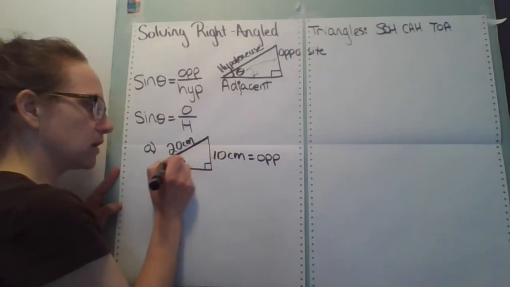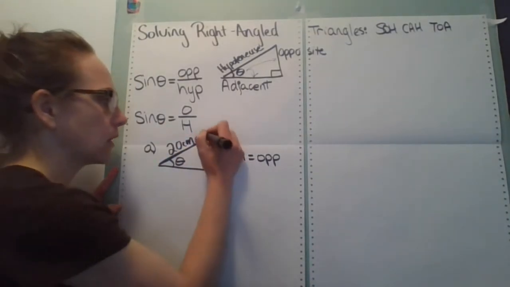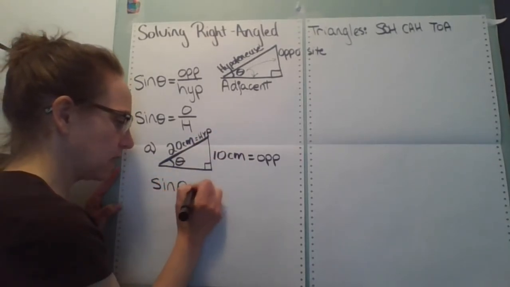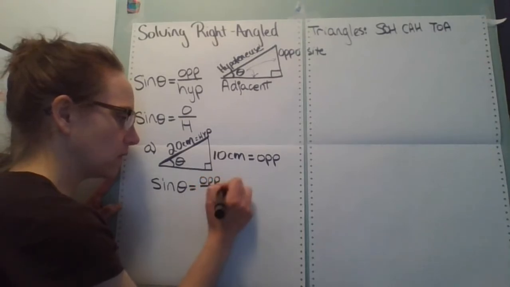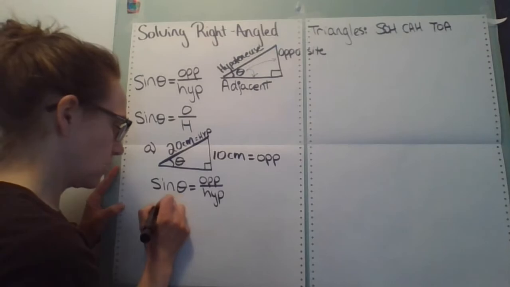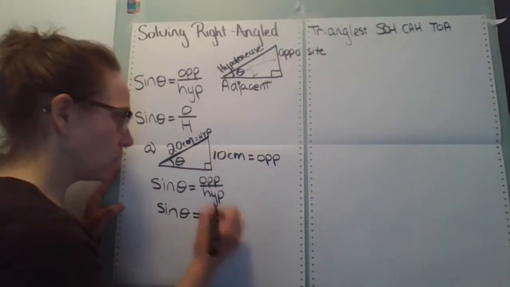This is my longest side, so this is my hypotenuse. So that means I want to use sine, which is my opposite over my hypotenuse. So sine of that angle is equal to 10 over 20.